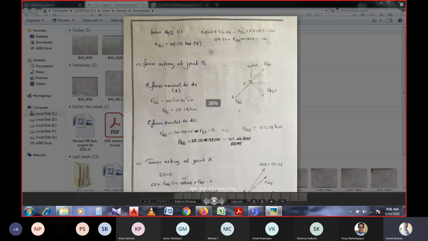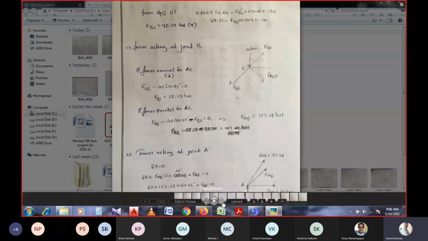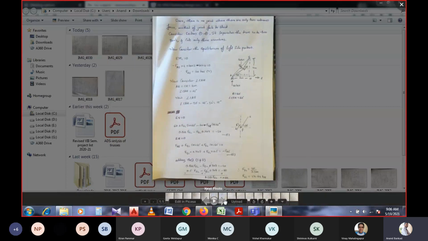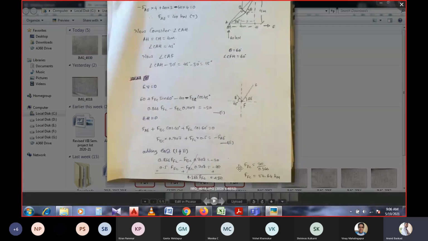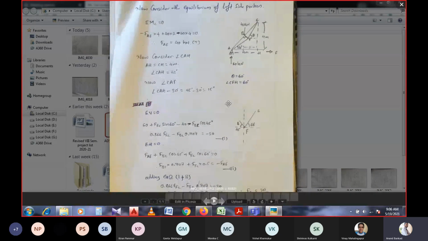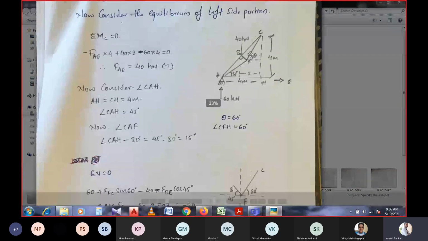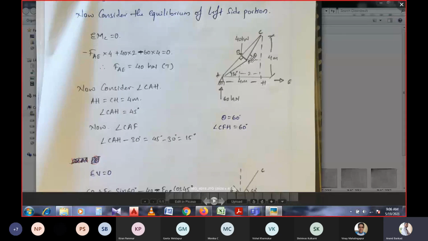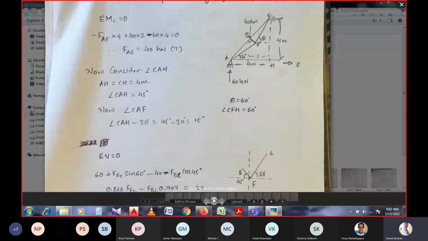Okay. So in the previous class, I hope A division students remember what we have done: we have taken equations 1 and 2 and solved for FFC, right? Referring to the problem figure, we solved FFC, and taken the moment about point C, we have defined FAE and the force in this member.